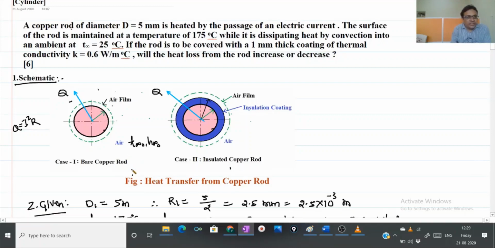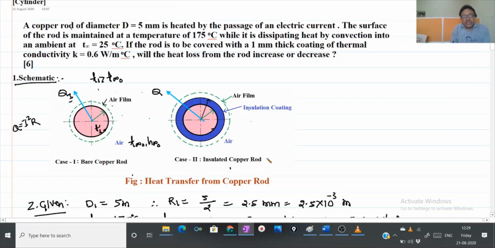Let's say its surface temperature is T1. When this rod is exposed to the environment, obviously due to T1 being greater than T infinity O, heat transfer will take place from the copper rod to the surrounding air at the rate of Q1, say.